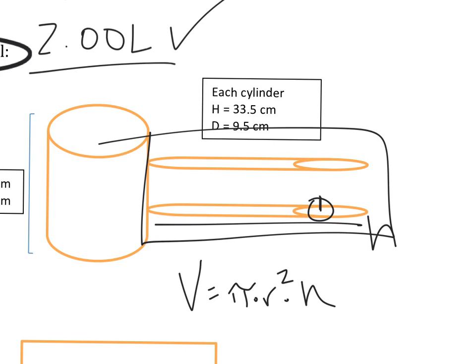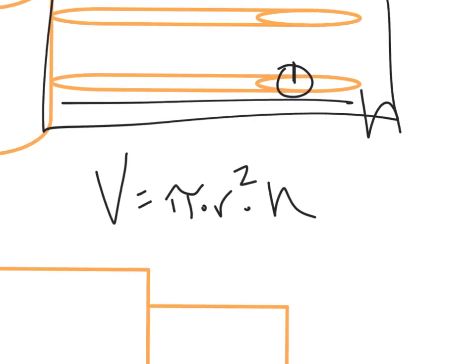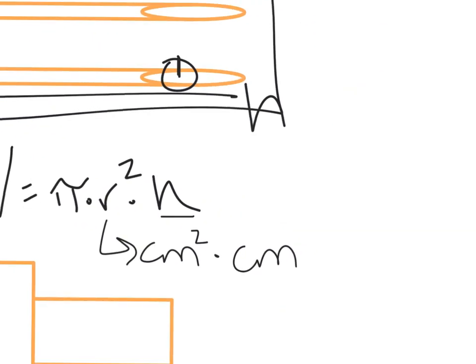But one thing to keep in mind, what you're probably going to measure the radius in is going to be centimeters. And that's going to be squared then, right? Because you'll take the radius squared times the height, which you'll then measure in centimeters. So your final volume is going to be centimeters cubed.